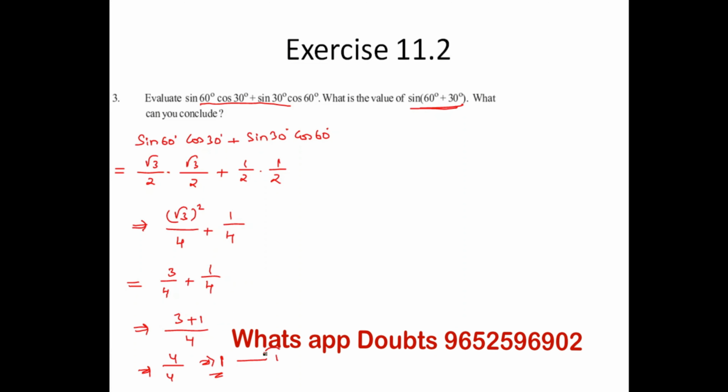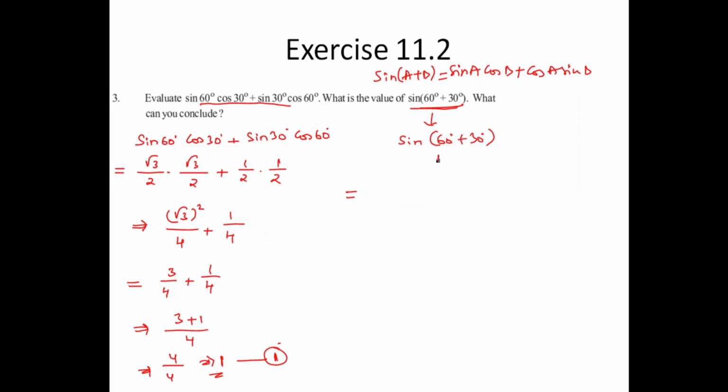Now let me write this as equation number 1. Now let us use the formula: sin of a plus b is equivalent to sin a cos b plus cos a into sin b. So I'm substituting this over here. This is your a and this is your b value. So we will be getting sin 60 and cos 30 plus cos 60 into sin 30. Now I need to just substitute the values over here.